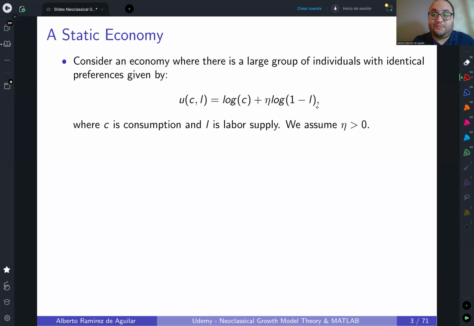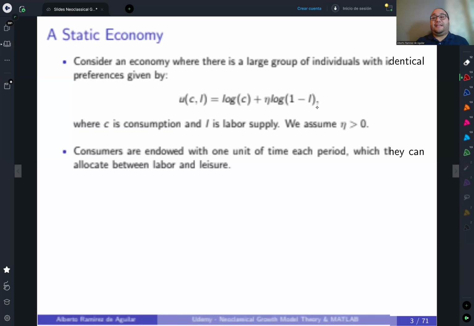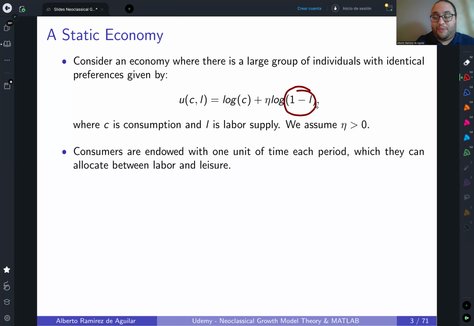And the third thing is this parameter eta, which is going to be positive and is going to capture how much weight the disutility of labor has in the utility function. Okay. Consumers, as is implicitly assumed here, but I'm making it more explicit, are endowed with 1 unit of time. And this unit of time, they can split between either working or enjoying leisure.